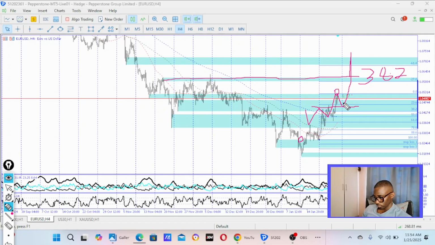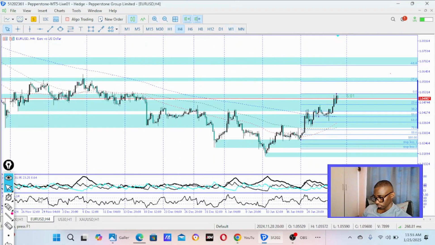This is where we anticipate for price to push up to, based on the weekly, on the H4 chart, which represents the week. So that's what I want to see this coming week, for price to come and retest this double bottom.